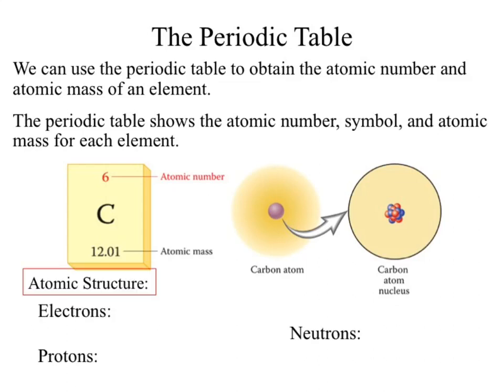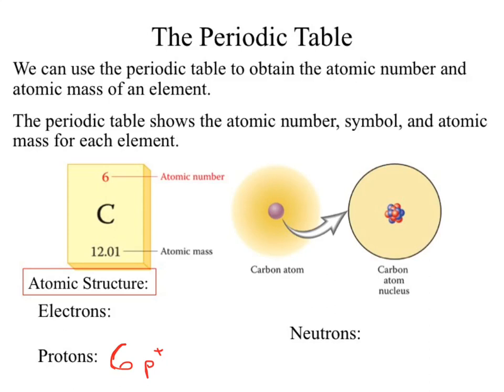So, what's our atomic structure for carbon? How many electrons, how many protons, how many neutrons? What's the easiest thing for you to pick out? 6 protons. Why'd you pick that out? Atomic number 6. Good jump. What else can you give me?